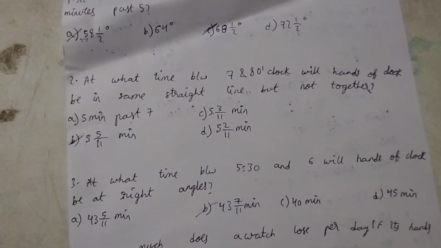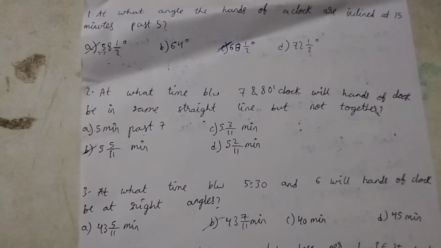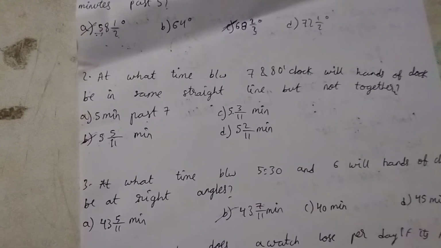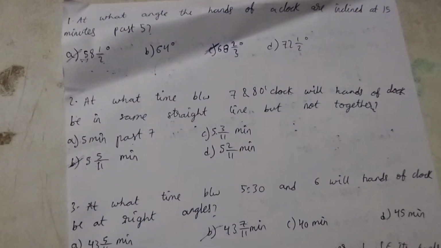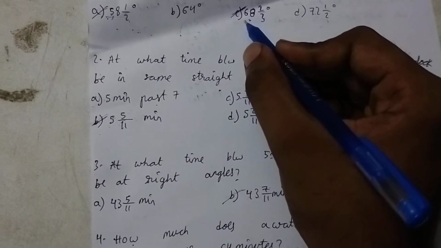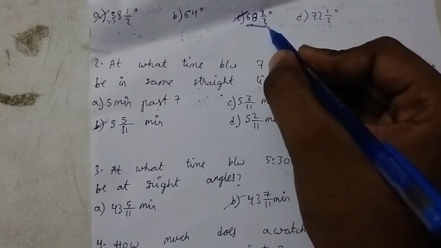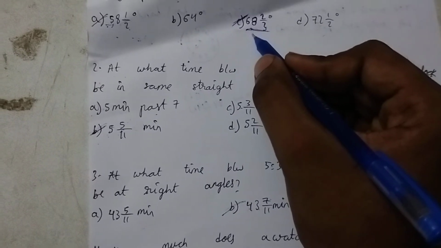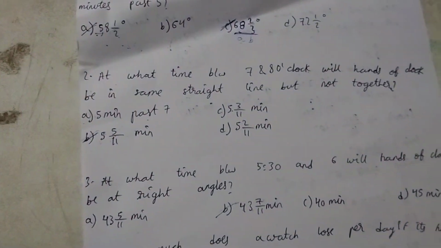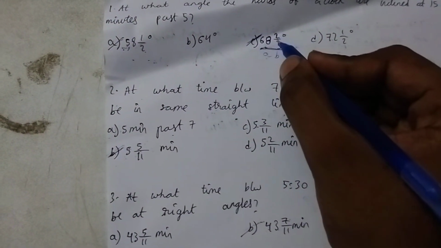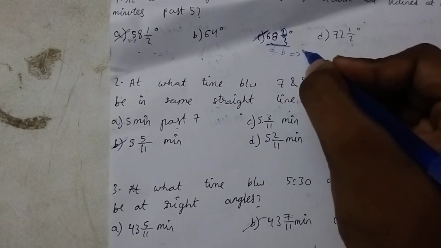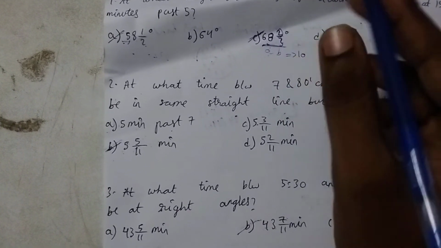Now I am telling the simple trick which is used to solve the problem. The trick is that when we compare the options, the multiplication with a and b, the numerator of b plus a, if it is divisible by 10, then we have to pick that option.